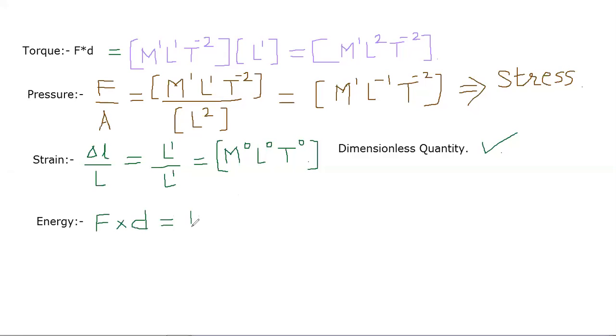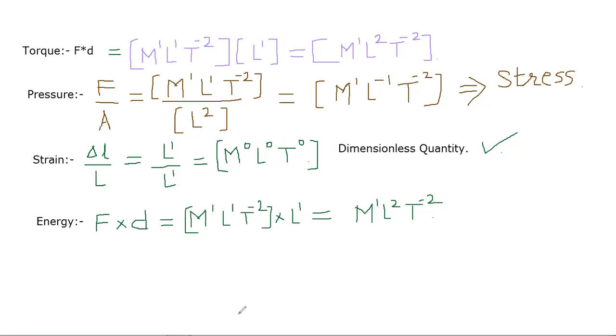Now we know the dimension of force, that is M1 L1 t raised to power minus 2, right? Multiplied by distance. So distance will have the dimension L1, right? So at final you will get M1 L1 into L1, that is L raised to power 2, and at final you will have t raised to power minus 2.